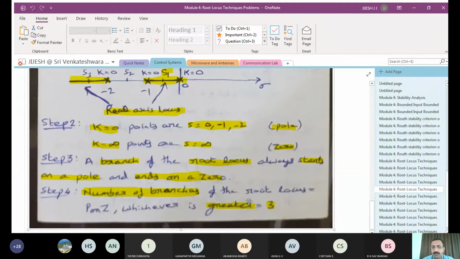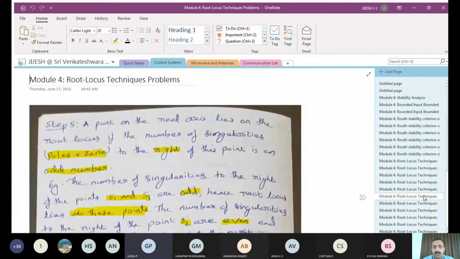Then the number of branches of the root locus can be determined by seeing which is greater, the number of poles or zeros. So those things we have already completed, and then we have also done the real axis.